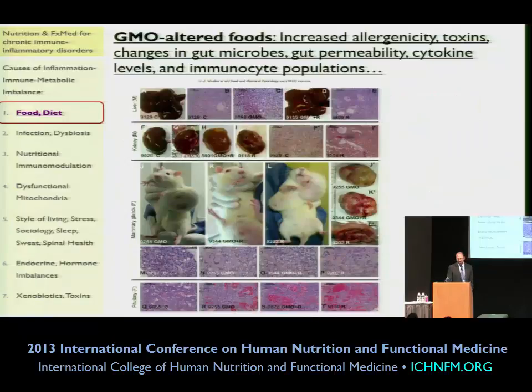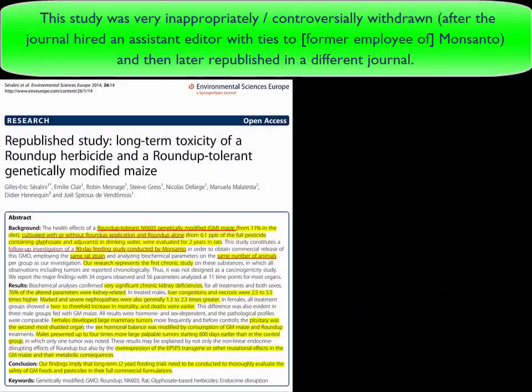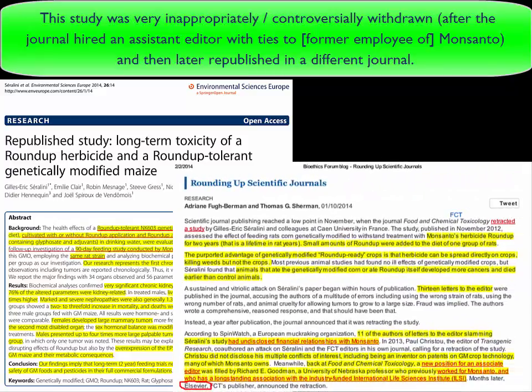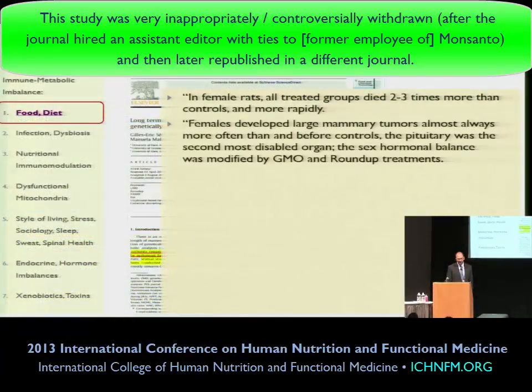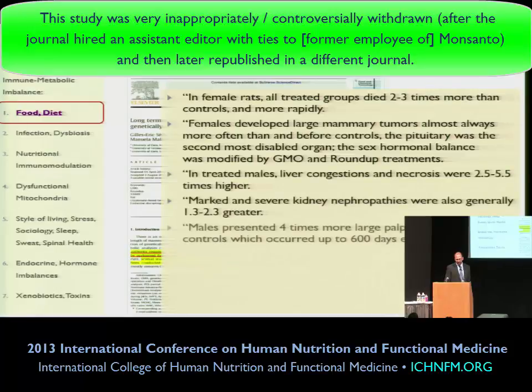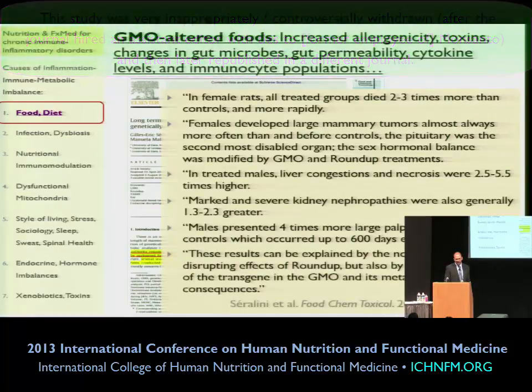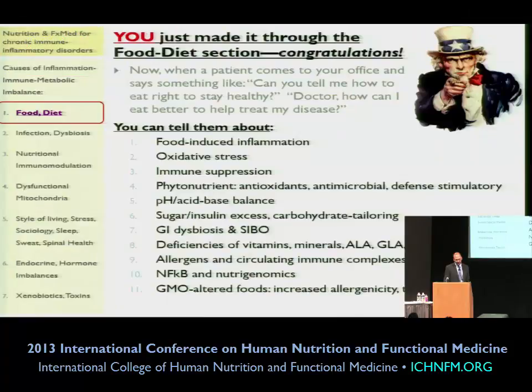Finally, this very famous study by Seralini: female rats fed with genetically modified foods and monitored for an appropriate duration of time, not simply 60 days, developed tumors and tissue necrosis. So that's the F of the FIND SET acronym.